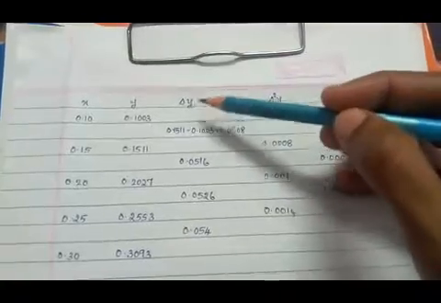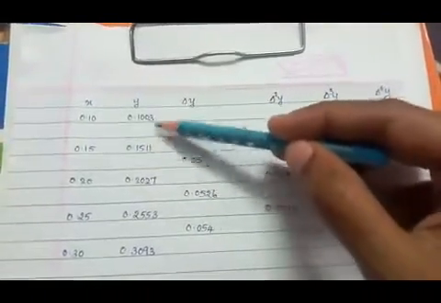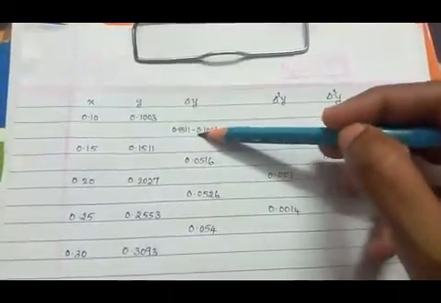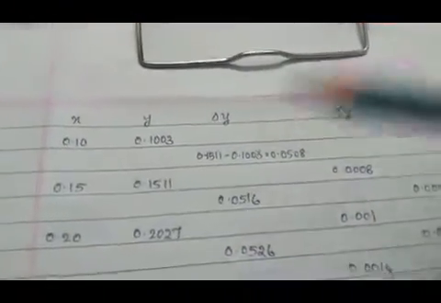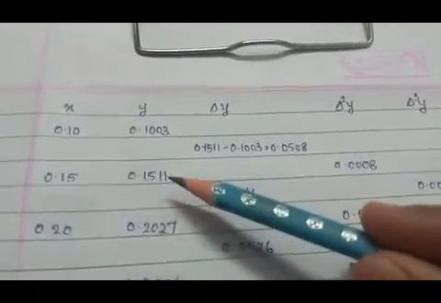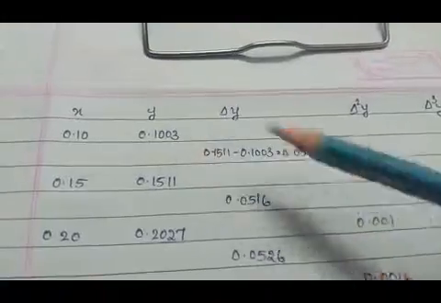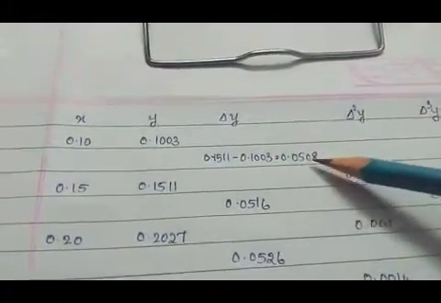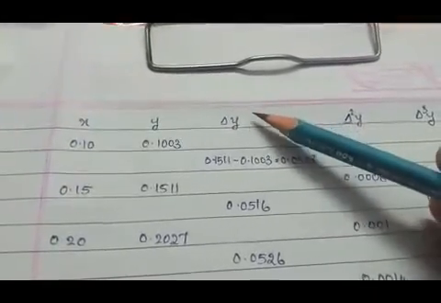This is obtained by subtracting the consecutive entry values, and it should be written in between these two values. So the first difference is obtained by subtracting 0.1511 minus 0.1003. That is what is written here. We get 0.0508. This is the first value of the first difference.